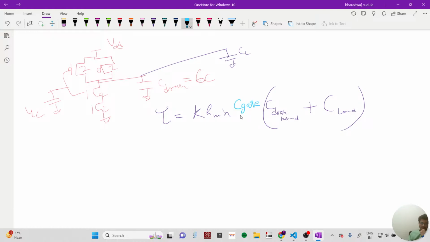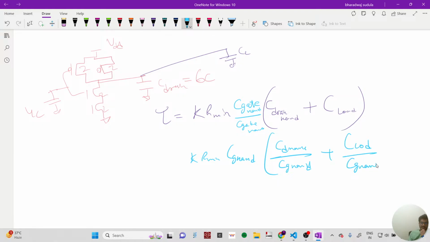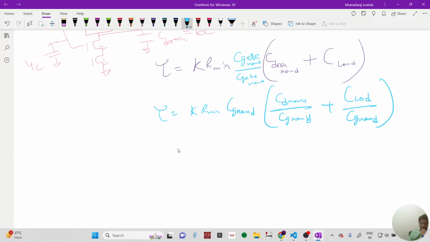C gate of NAND, C gate of NAND. So kr min, C gate NAND, CD NAND, CG NAND, C load, CG NAND. So what do you get? You get some expression, right? Okay.